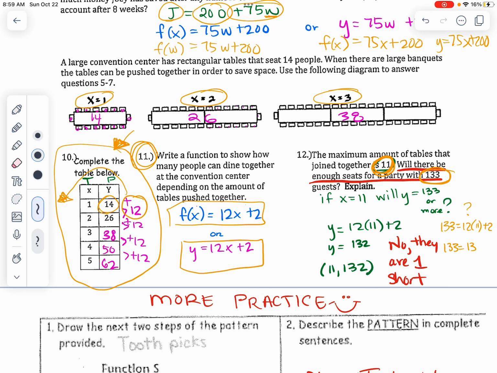It is equal. Oh, it's not equal. Okay, sorry. Oops, I forgot to add my 2. You know, teachers make mistakes too, just saying. Just fix it.